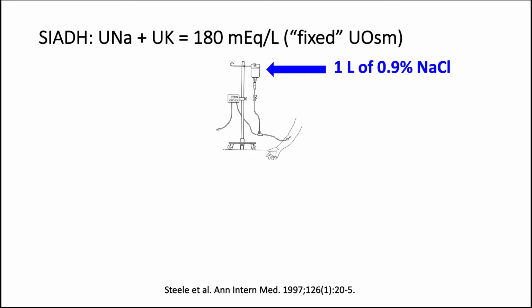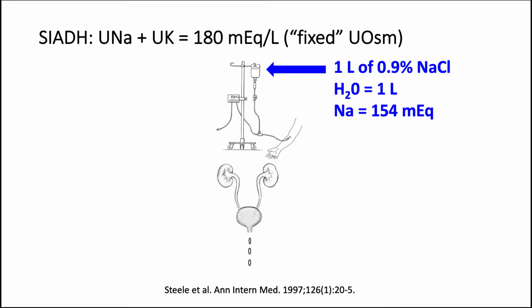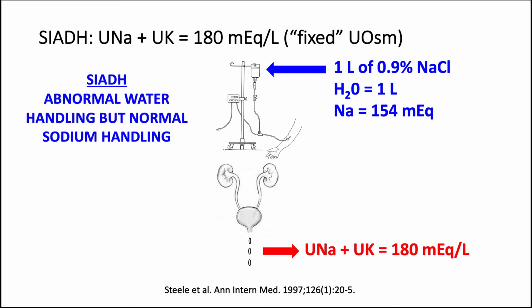And you remember that for every liter of normal saline, there is 1 liter of water and 154 milliequivalents of sodium. Linda is going to excrete some of the water of normal saline and the sodium at a concentration of 180 milliequivalents per liter, because remember, this concentration is going to be a fixed concentration. And what you need to understand in SIADH is that people with SIADH have problems handling water, right?